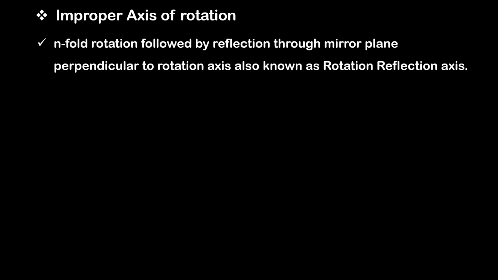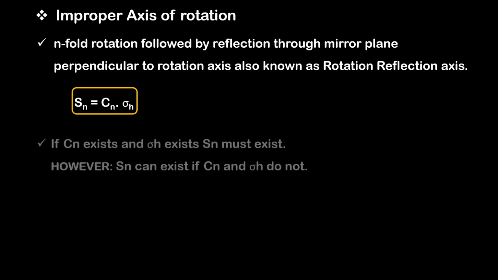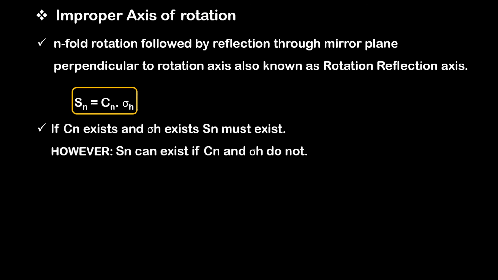First, improper axis of rotation. As we know, an improper rotational axis means rotation followed by reflection through a mirror plane perpendicular to the rotational axis. Sn is equal to Cn into sigma h. If Cn exists and sigma h exists, Sn must exist.